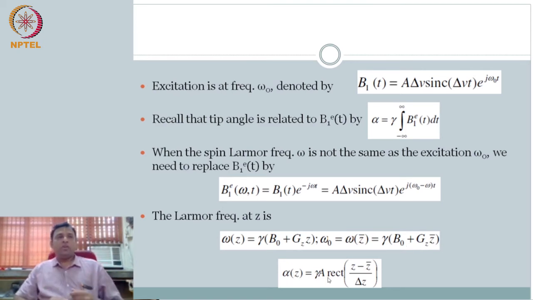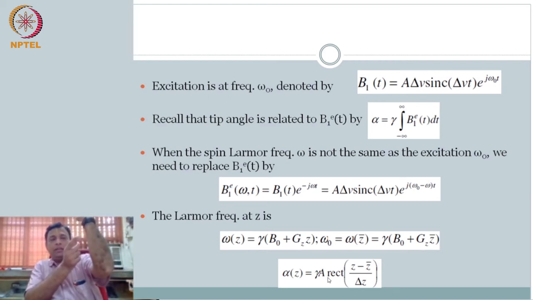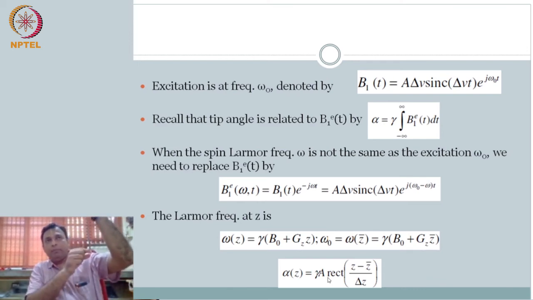What does this say? Your alpha of Z is also rectangular. That's what you want to see. What does alpha of Z rectangular mean? That means only the spins within this slice thickness are responding to this alpha, right? That is what you are exciting. Exciting means if you apply and keep it on, you are trying to push it to the floor.